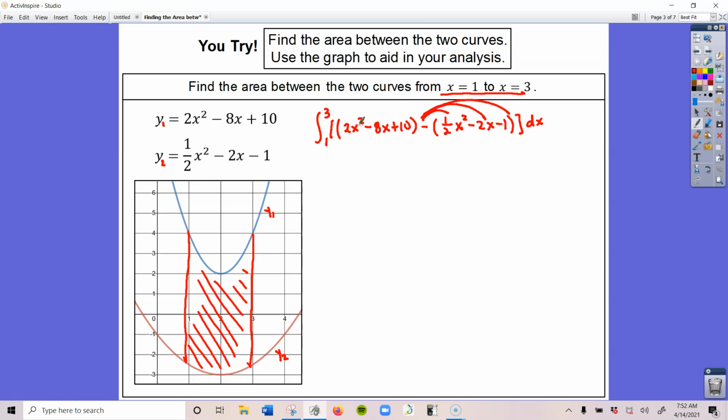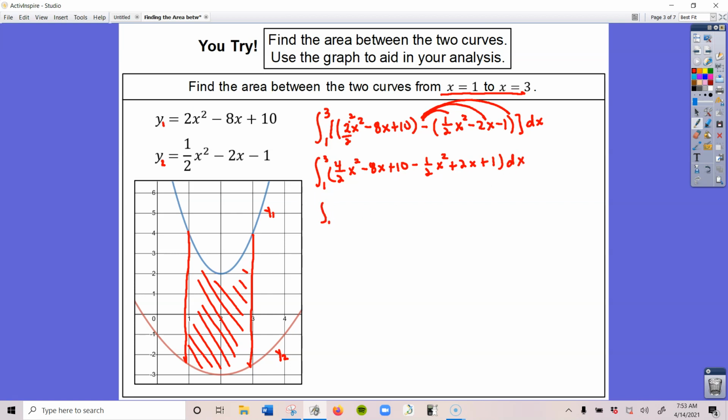And when I do that, when I want to combine the x squared, notice that this is 1/2 x squared. So I'm going to rewrite this so it also has a denominator of 2. So what we have now is the integral from 1 to 3 of 4 over 2 x squared minus 8x plus 10 minus 1/2 x squared plus 2x plus 1 dx.